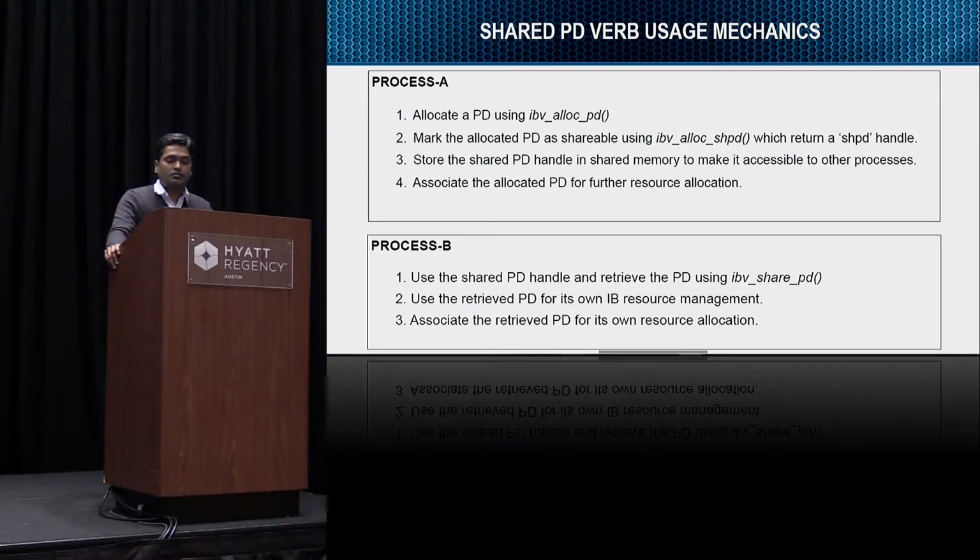It's basically putting a reference count on this PD and getting a shared PD handle. You store this handle in the shared memory, and then the actual processes which want to do RDMA take this handle and call IBV shared PD, passing the handle, which will get you access to the actual hardware PD. Those processes will then use that PD to associate and allocate all the IB resources they need.